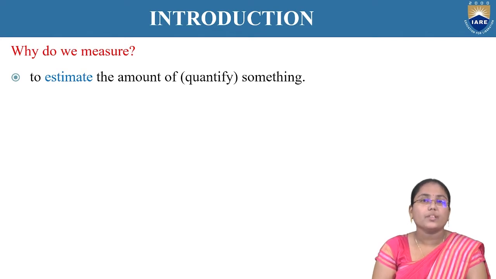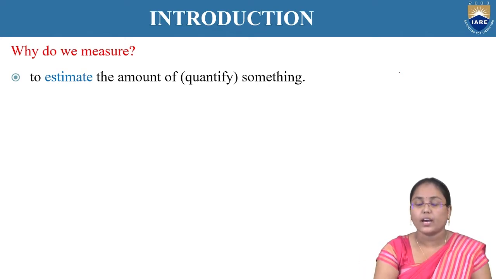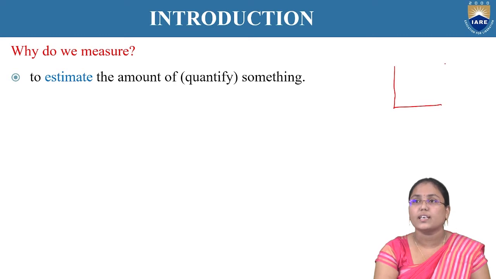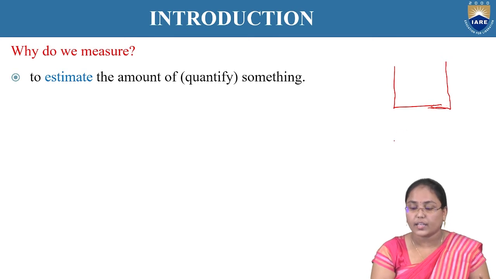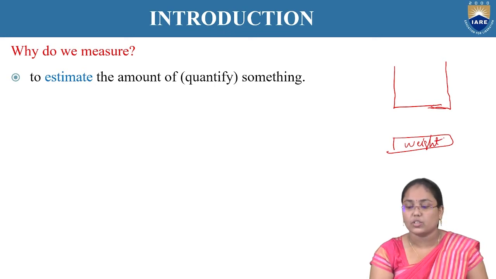Estimating something means, like I just said, there is some quantity in this container and I have to say how much quantity is there, or if there is any weight, we measure it on this digital weighing scale.